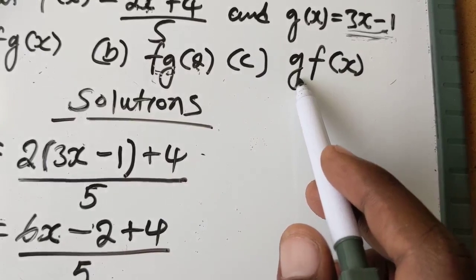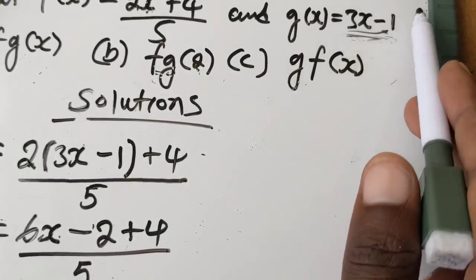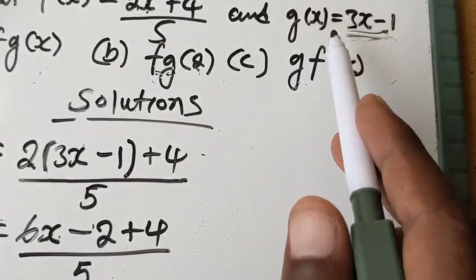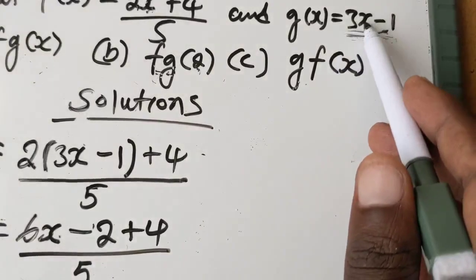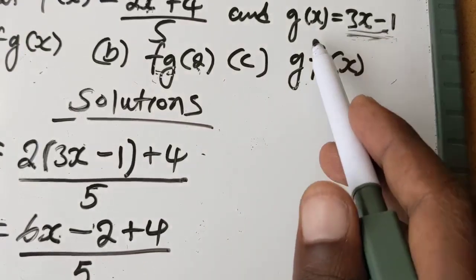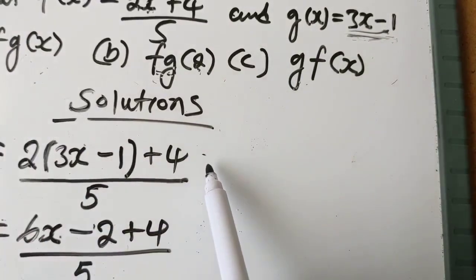So it means that the function we are starting with is g. You are getting the function of g, and where there is x, you are supposed to replace x by the function of f, the same way that we had done with that one.